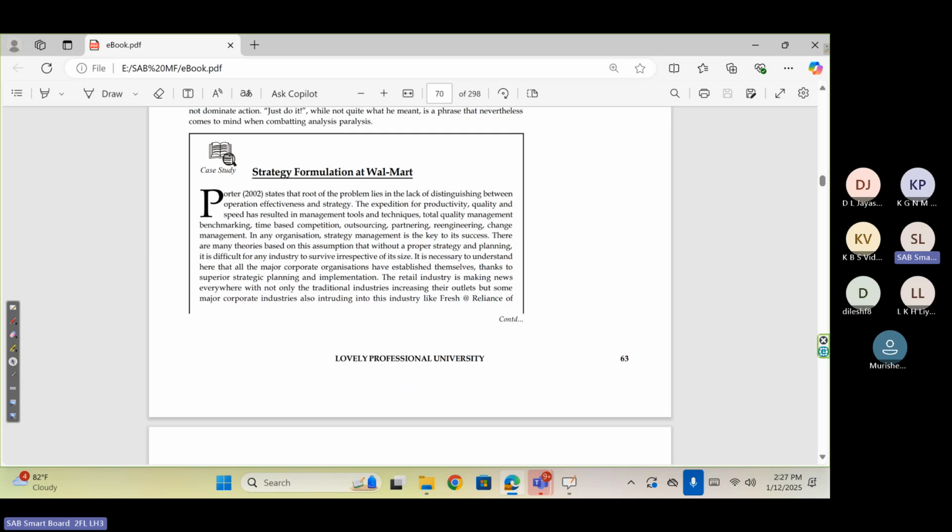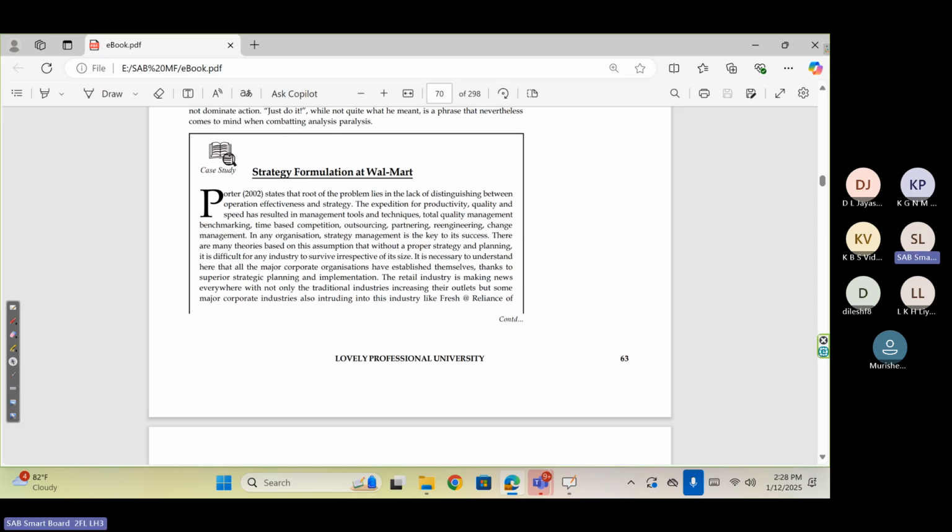In any organization, strategy management, not strategic management, strategy management to match with that organization, is the key to the organization's success. It should be matchable to the organization. That means these theories and concepts in strategic management should be matchable to the organization.